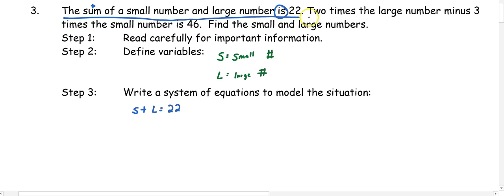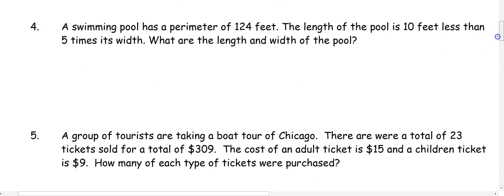The second sentence then tells us 2 times the large number minus 3 times the small number is 46. So is 46, we know it's equal to 46. 2 times the large number, so we're multiplying, 2L minus, so subtract 3 times the small number, so 3S. And then later on we would go on and solve this.